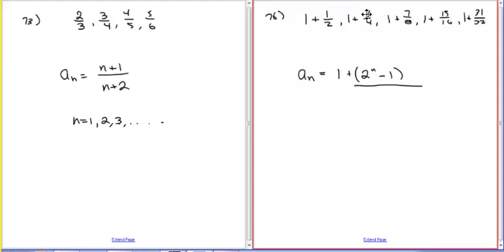When n equals 2, I get 2 squared, which is 4, and then I subtract 1. And then the denominator is just going to be 2 to the n. You'll notice in each one of these, the numerator is 1 less than the denominator, and these are powers of 2. So there you go. That's it.